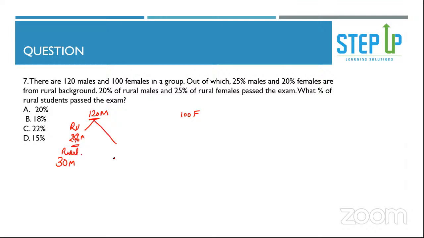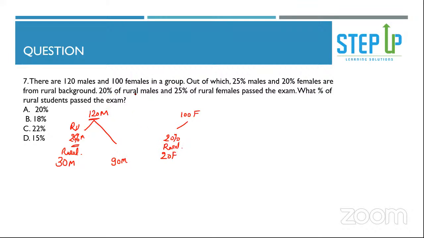It means that 90 males will be from urban, sorry, we'll see that. And 20% of females are from rural background, which means that 20 females are from rural background.